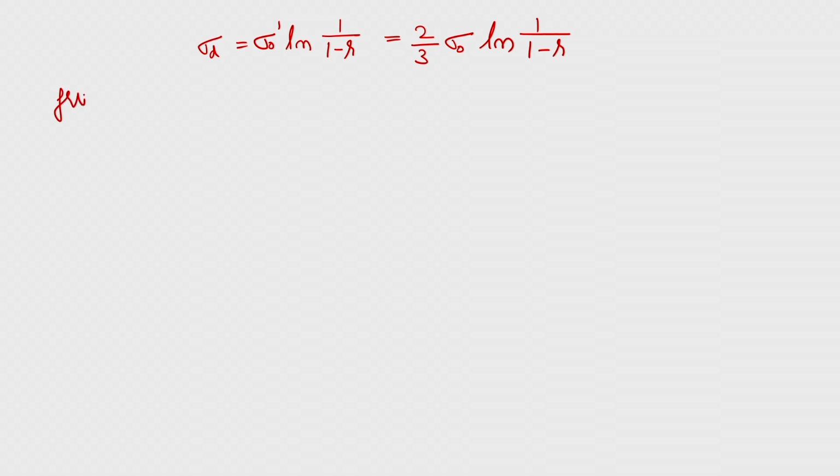In the draw stress we arrived at, sigma d is equal to sigma dash log 1 by 1 minus r. That is equal to 2 by 3 into the uniaxial yield strength sigma 0 log 1 by 1 minus r.